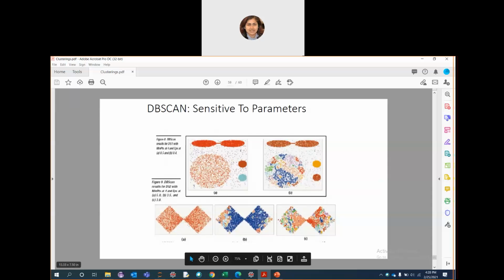Again, same dataset: for min points 4 and epsilon 0.5, this gives only one cluster, then for 3.5 this is how the clustering is formed, and for epsilon 3 it gives a different illustration. So your epsilon and min points need to be chosen carefully.